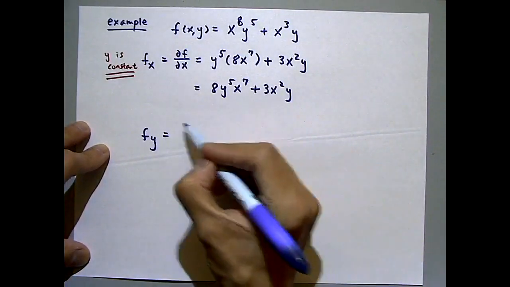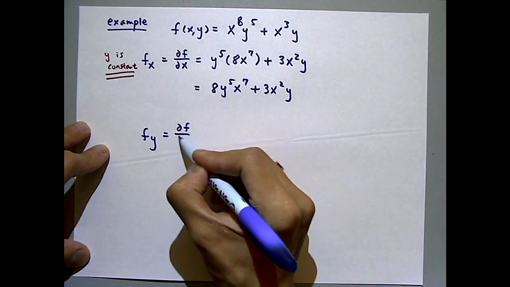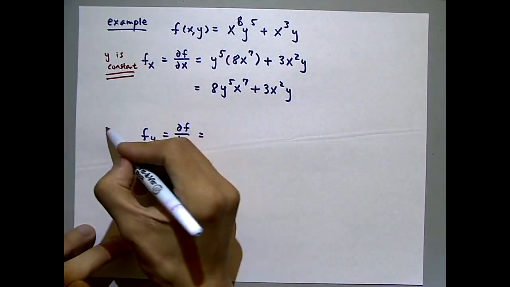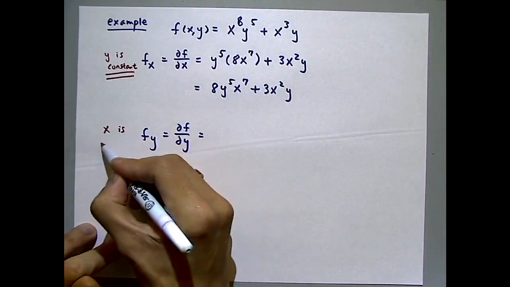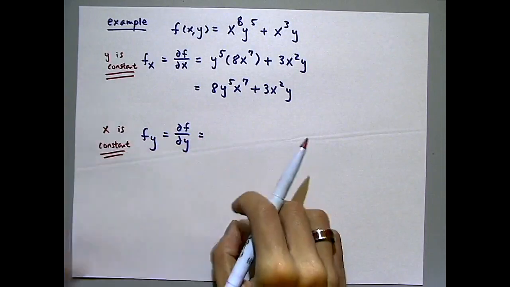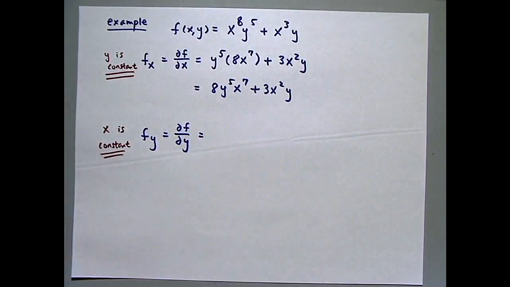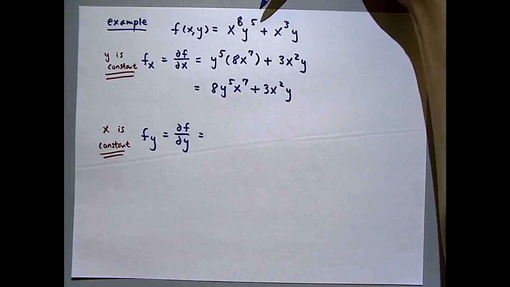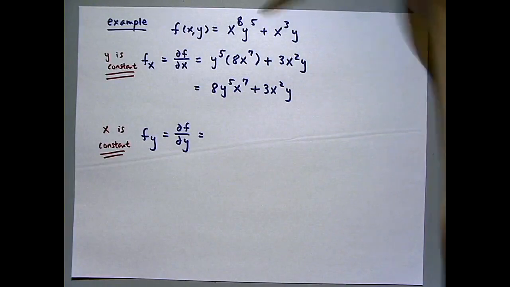Let's find the partial derivative with respect to y. This time x is a constant. Now in this function here, we have a constant times y to the 5th, like 4 times y to the 5th.